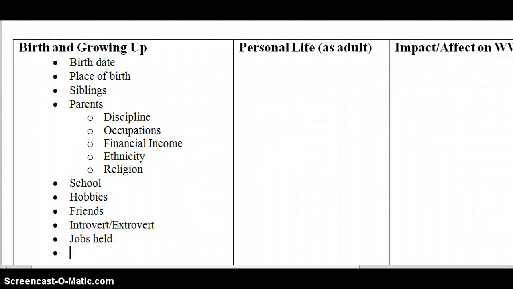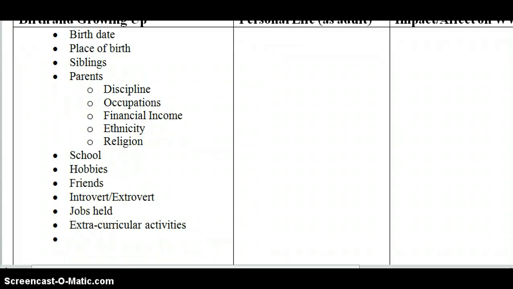Here's something that I think would be important to know: let's put extracurricular activities. Did this person excel at track or basketball or art or music, something like that?